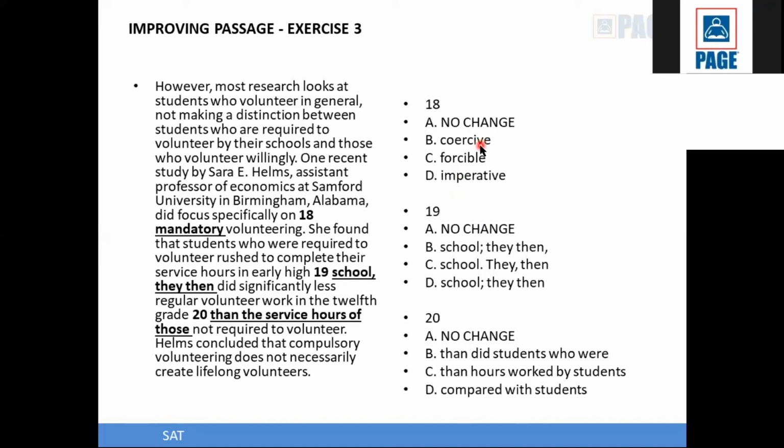Mentally pressurize a person is called coercive. Force a person. Mandatory means compulsory. Forcibly also is compulsory. Imperative means you're supposed to do it. That is also compulsory. So all the words mean the same. All the three words have got the same meaning like mandatory, compulsory.